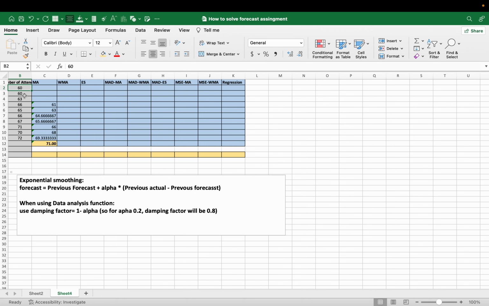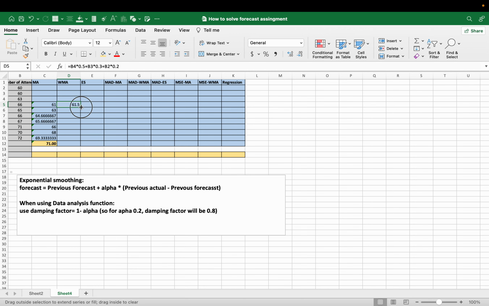The sum of 50%, 30%, and 20% should be 1. The formula will be this 63 multiplied by 50%, that's 0.5, plus this 60 multiplied by 30%, that's 0.3, plus this 60 multiplied by 20%, that's 0.2. And here you go.